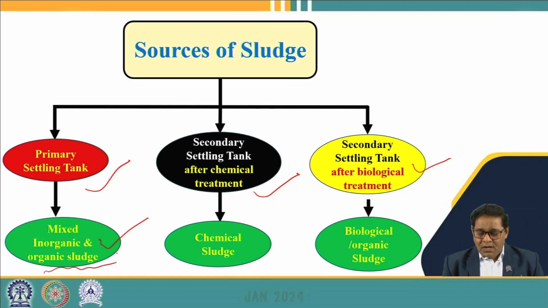The tank after chemical treatment gives totally chemical sludge, which is basically the precipitates generated during chemical precipitation, coagulation and flocculation. The secondary settling tank after the biological treatment unit contains mostly biological, or organic, sludge.